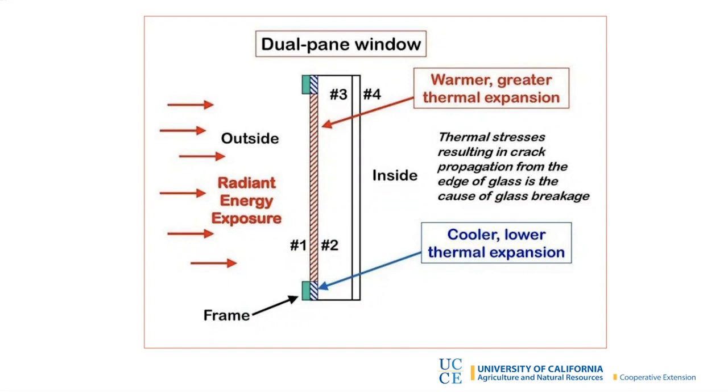And so you have a temperature difference between the exposed glass and the protected glass. It's these temperature differences that result in stresses that cause small cracks or fractures at the edge of the glass to expand and move into the window that's not protected by the frame. If you have enough of these cracks occurring, then the glass breaks and you can have glass falling out.